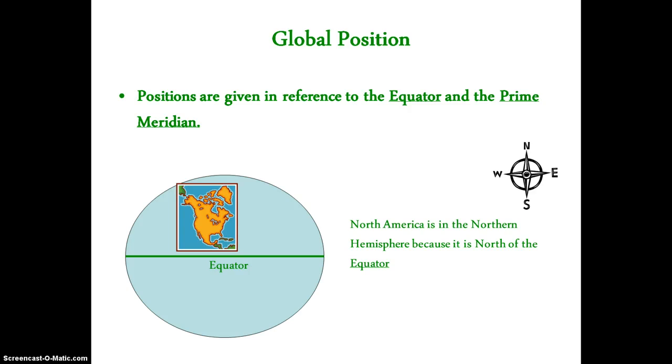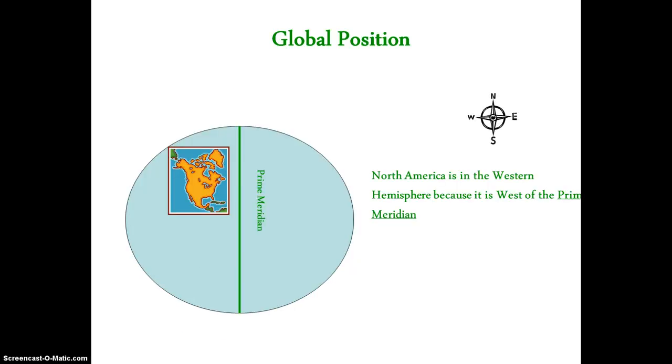Positions are given in reference to the equator and the prime meridian. North America is in the northern hemisphere because it is north of the equator. North America is in the western hemisphere because it is west of the prime meridian.